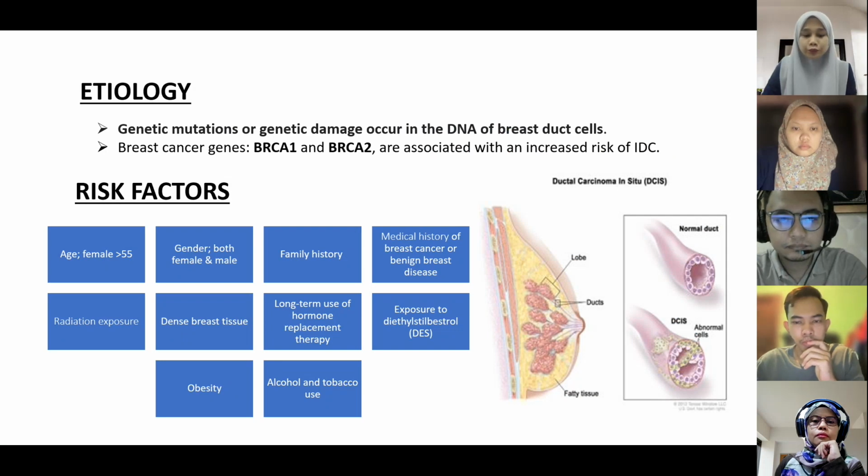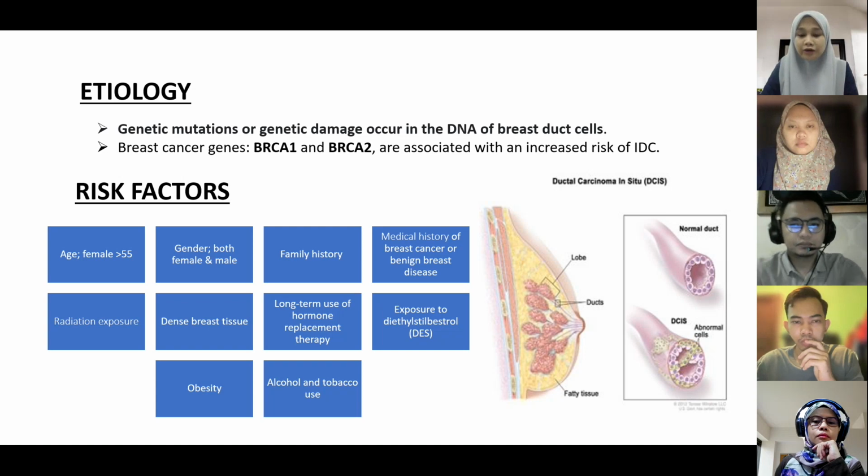So, we move to the etiology of IDC. IDC occurs when genetic mutation or genetic damage in the DNA of breast duct cells leads the cells to appear abnormal. The two breast cancer genes, known as BRCA1 and BRCA2, are associated with an increased risk of IDC.